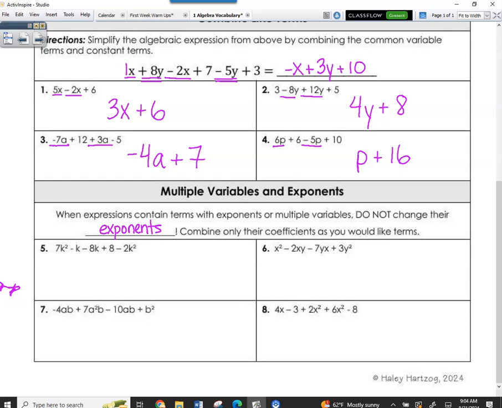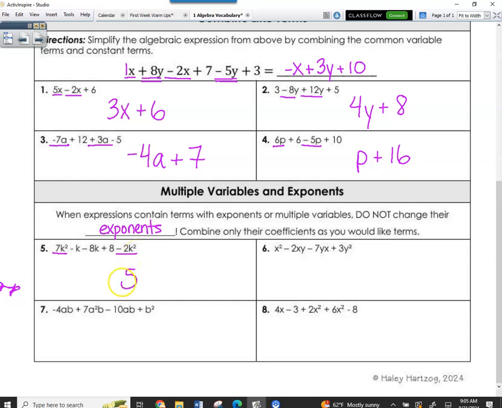So let's look at it. We've got 7k squared minus k minus 8k plus 8 minus 2k squared. Let's walk through it. I think you're on the right track. We've got 7k squared minus 2k squared.